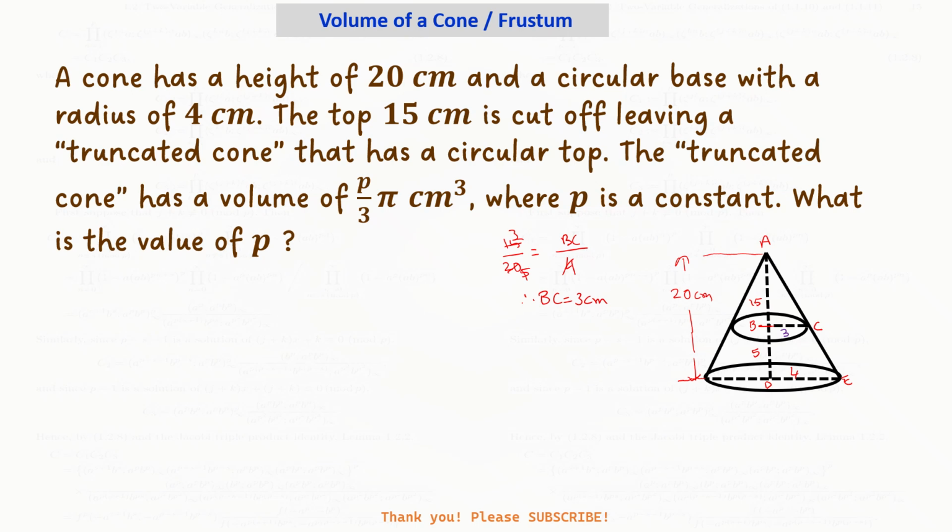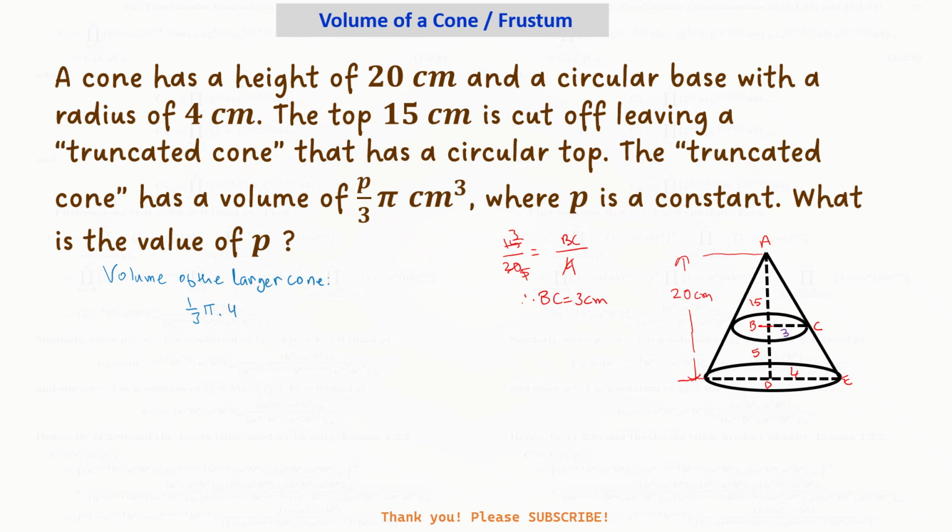So what we get from here is we can now find out the volume of the larger cone. The volume of the larger cone would be 1/3 times pi times r squared h.